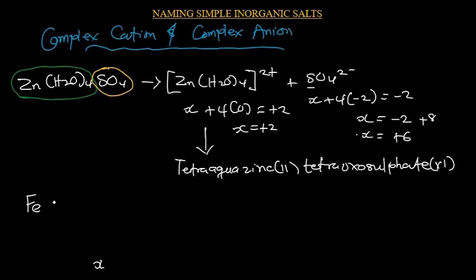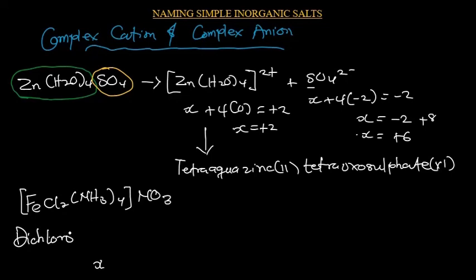We have FeCl2, NH3 4, and then we have NO3. So what do you think could be the name of this? So straight away we have to name the cation. So we have dichloro, because chlorine is a charged ligand.